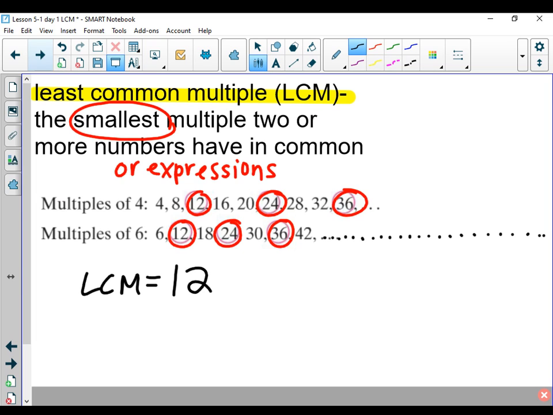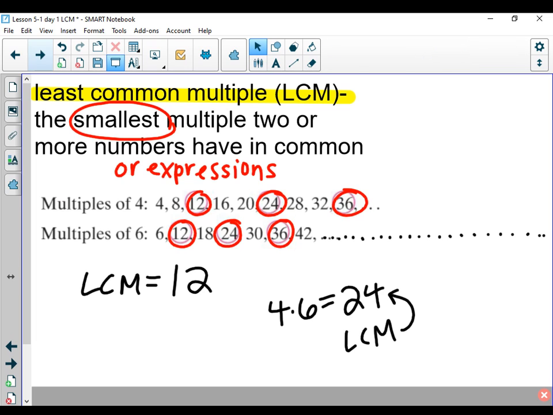Another common mistake is that people use this strategy to find it. I know, I'll just multiply 4 times 6, which is 24, and now I just found the least common multiple. That actually is not a strategy that works consistently. It works sometimes, but it is not your go-to strategy.